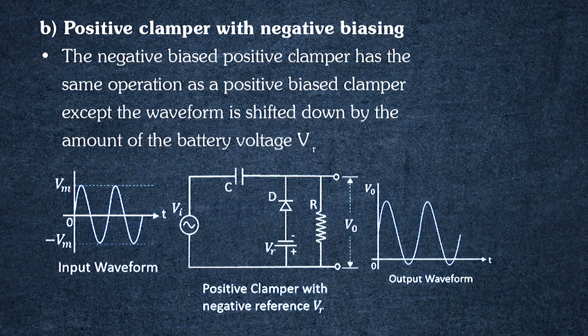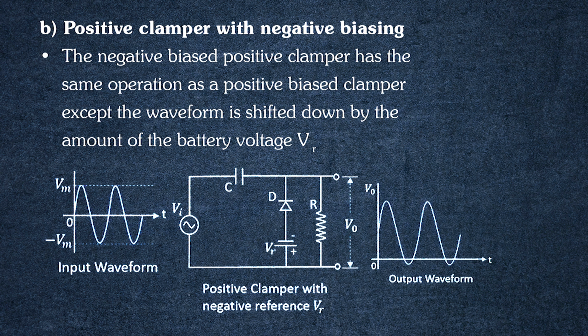The negative biased positive clamper has the same operation as the positive biased clamper, except the waveform is shifted down by the amount of the battery voltage VR. Suppose the voltage mentioned here is VR for the battery, which is connected in series with the diode.